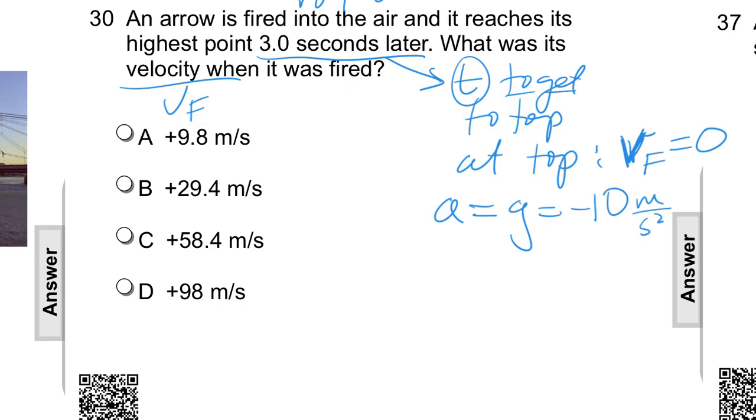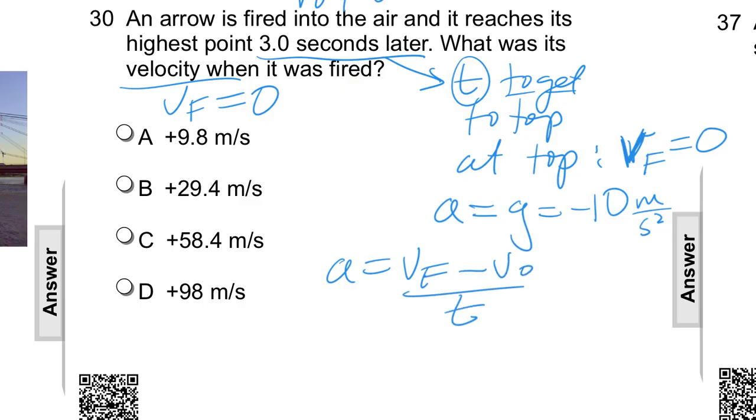Okay, so now you could do that positive physics method, which I can do right now if you want. But we can also do an equation. Okay, so I'm looking for VO.